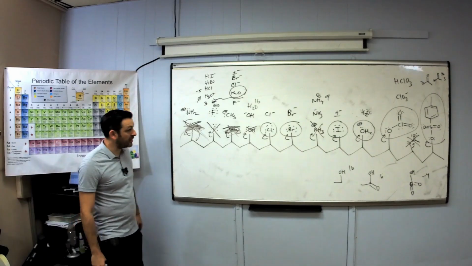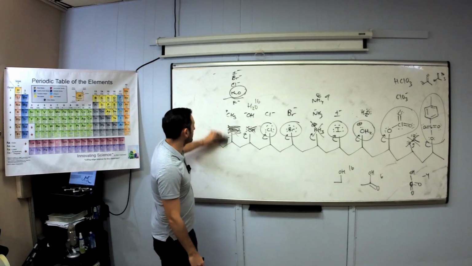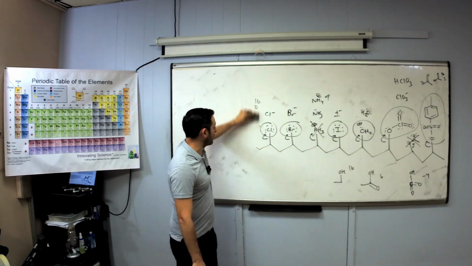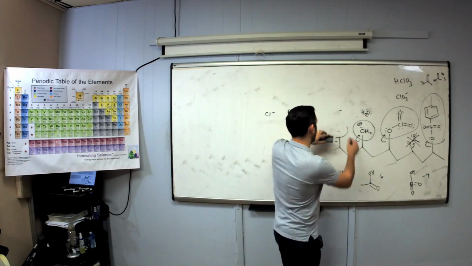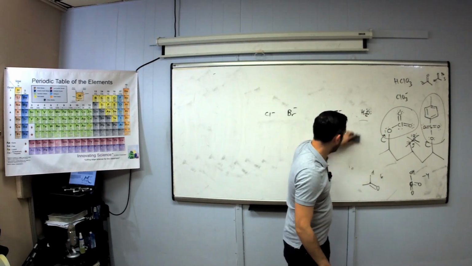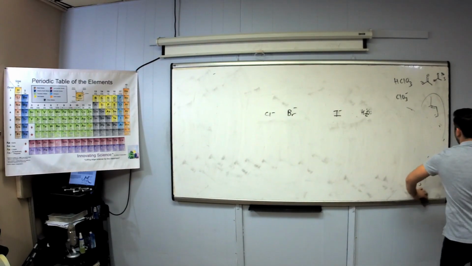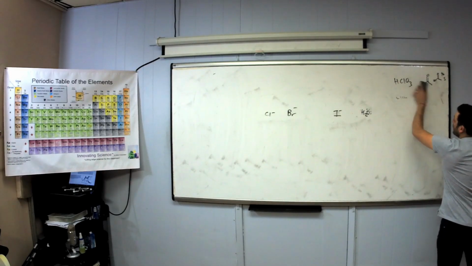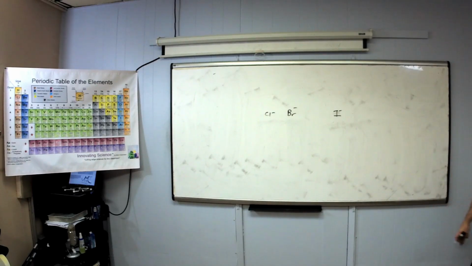Resonance is an important deal. Now, if I erase all of the stuff that are not leaving groups, and I also erase all of the stuff that are usually leaving groups in Orgo 2, you're left with those that are the usual leaving groups in Orgo 1.